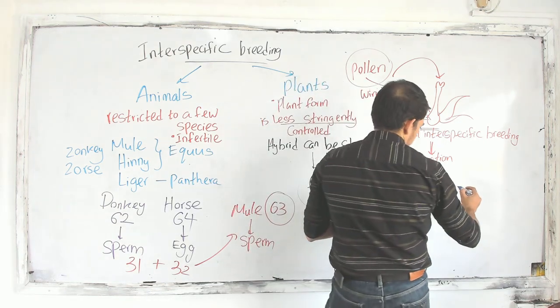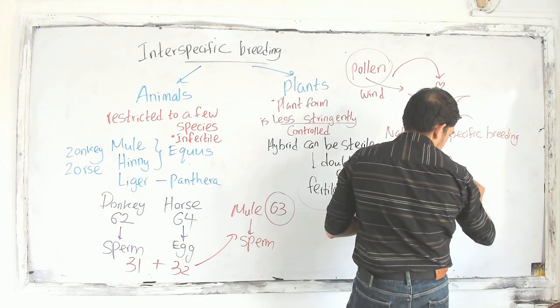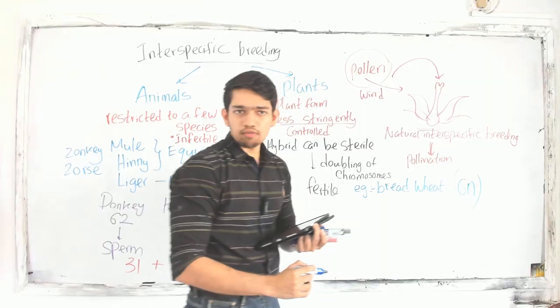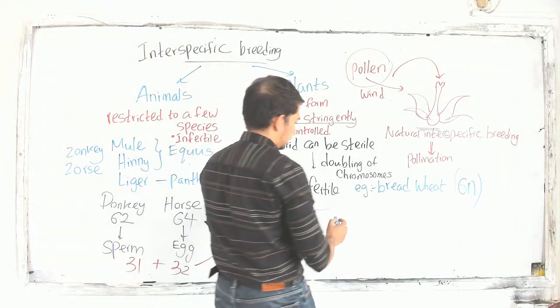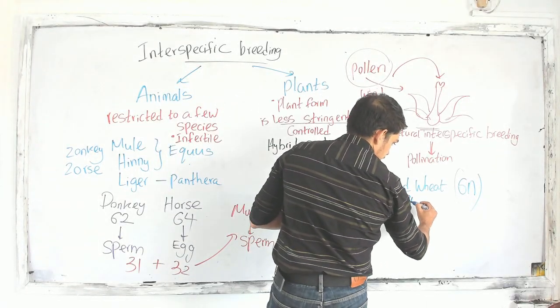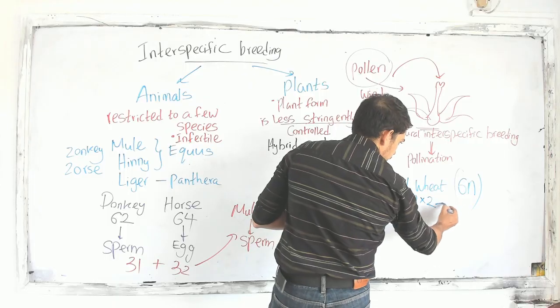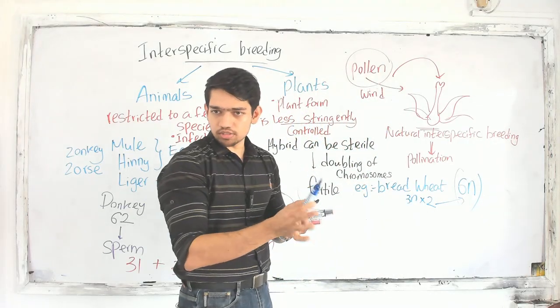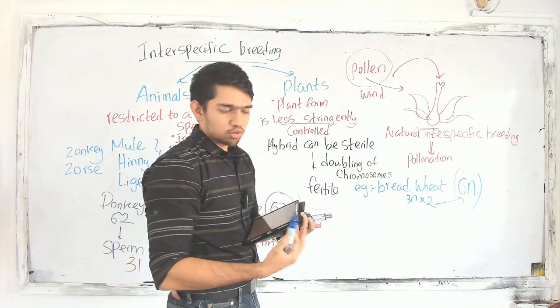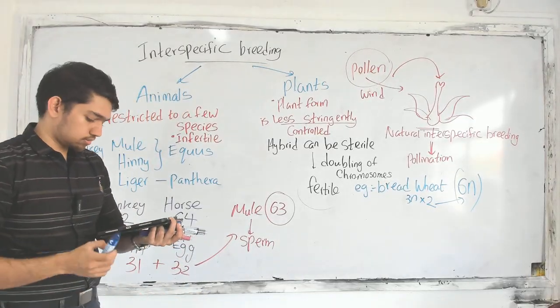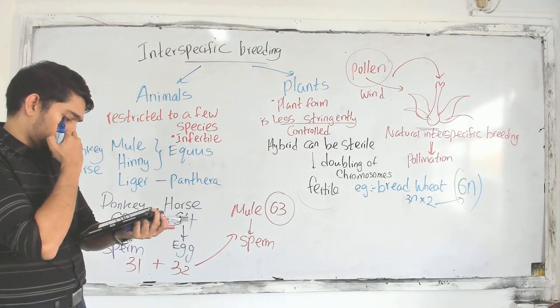Bread wheat is actually 6N. They have undergone doubling because they initially must have had 3N. They underwent doubling to get 6N. Then it's okay, right? It's a number divisible by 2. So plants can do that. So the example is bread wheat.